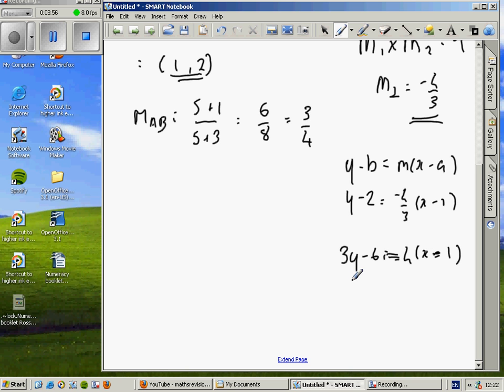Expand it out, 3y minus 6 equals minus 4x plus 4. Rearranging into the form ax plus by plus c equals 0 gives us 4x plus 3y minus 10 equals 0, and that's the equation of the perpendicular bisector for question 6.